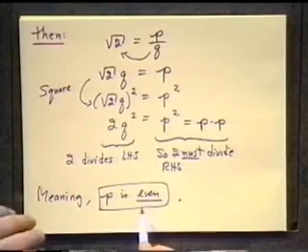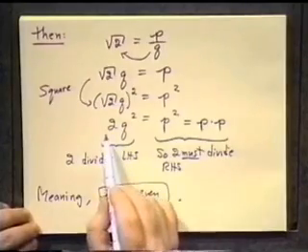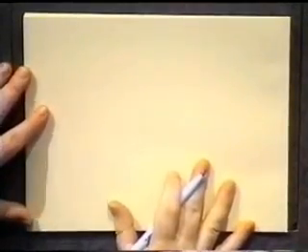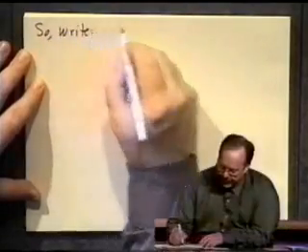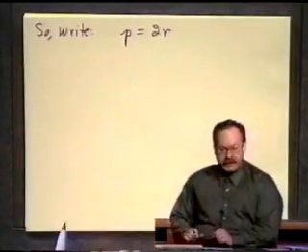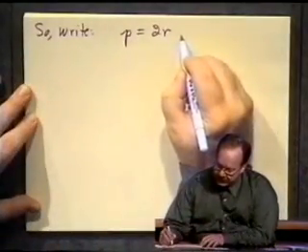Let us continue. If p is even, we can write it as 2 times something, and then we can continue from here and see where that leads. So we can write p equals 2 times r. Because it's even, it can be written as 2 times another natural number.